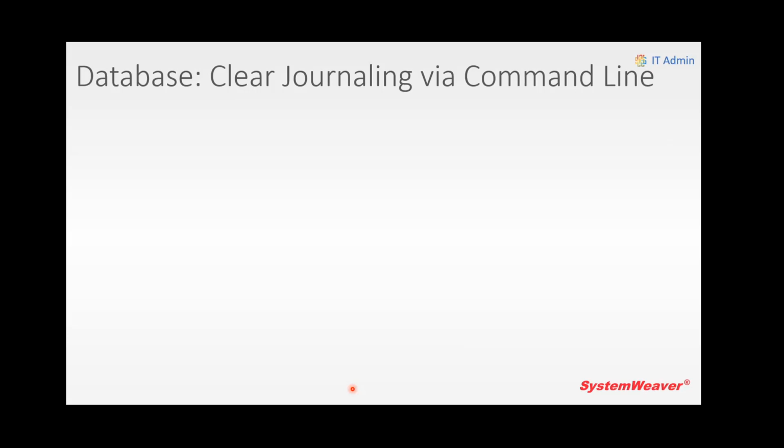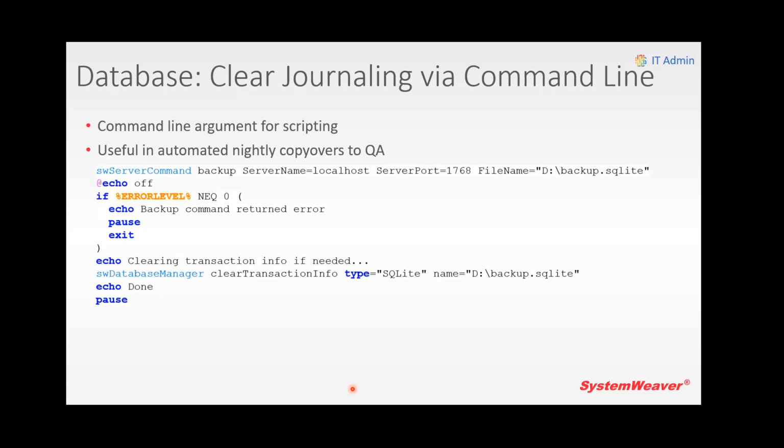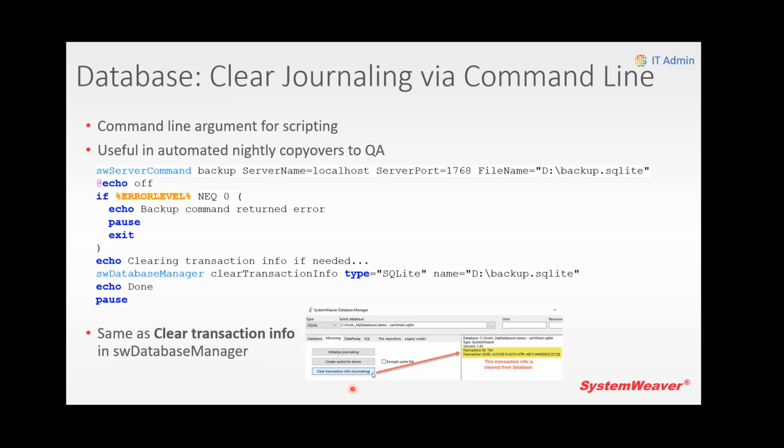We've implemented a command line argument for clearing of journaling. So if you're using a mirror server, you can now use this command line argument for clearing your transaction info. This is typically done in the database manager tool.